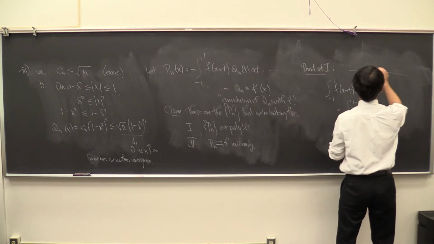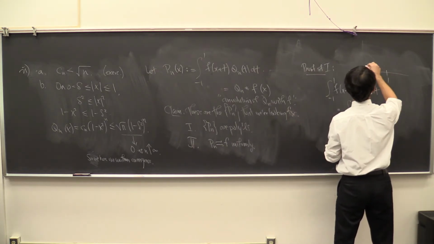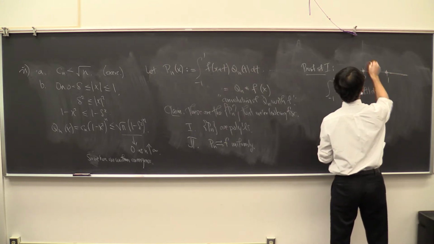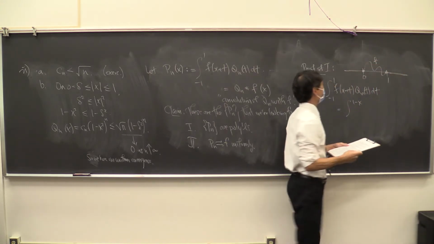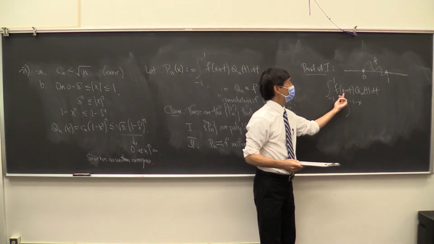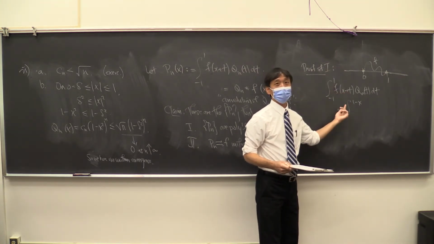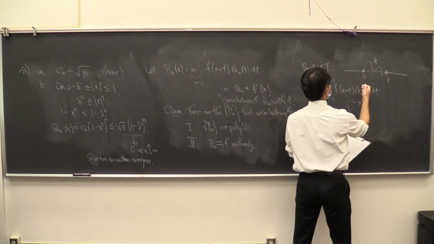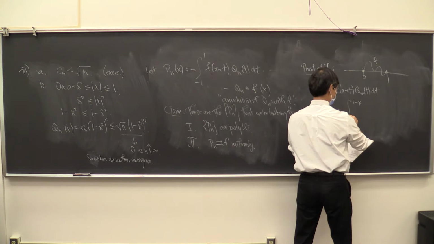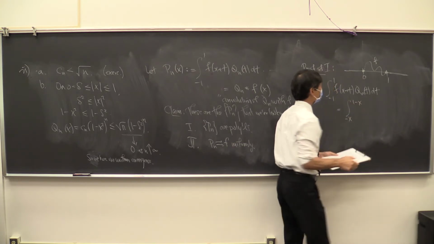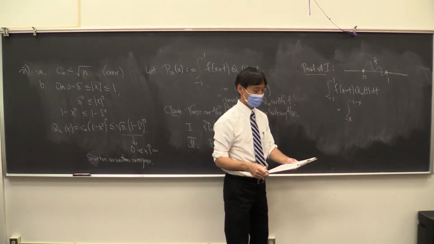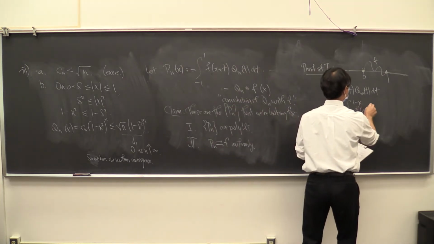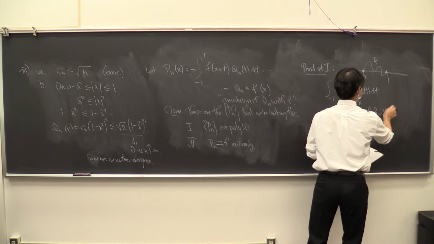Remember, f was this thing between 0 and 1, and it was 0 here and onwards. We had some function f like this. So t only needs to go up to 1 minus x, because past that point it's 0. And similarly, t goes down to negative x.